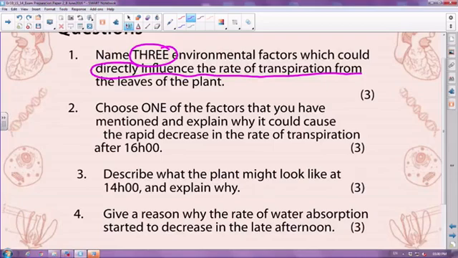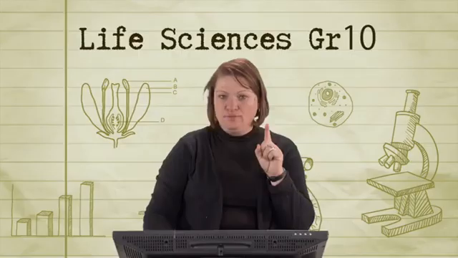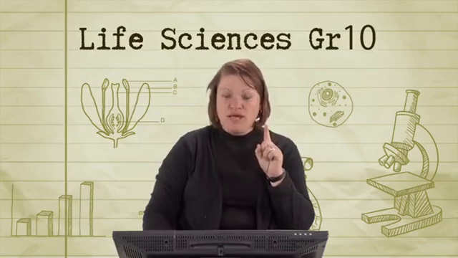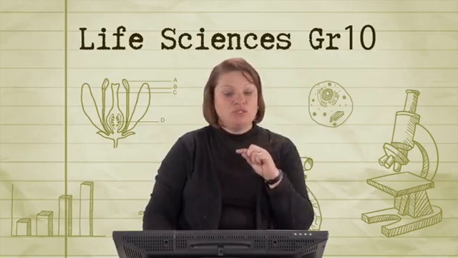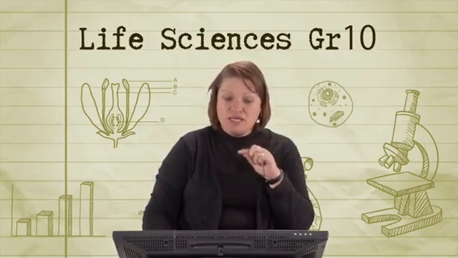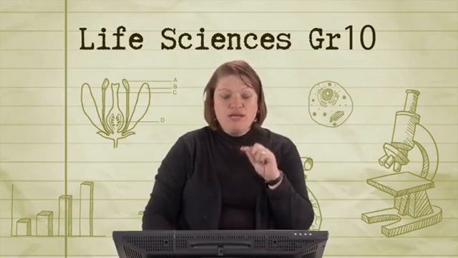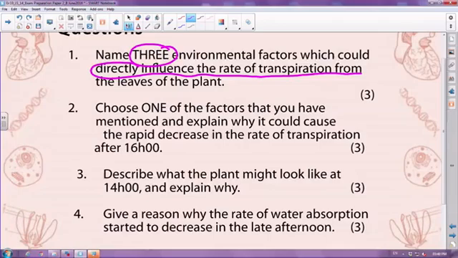Now, if you notice in this question, they haven't said what will cause the rate of transpiration to increase or decrease. What they've said is, name 3 environmental factors that could influence the rate of transpiration. So you don't have to be more specific. You can be more general.